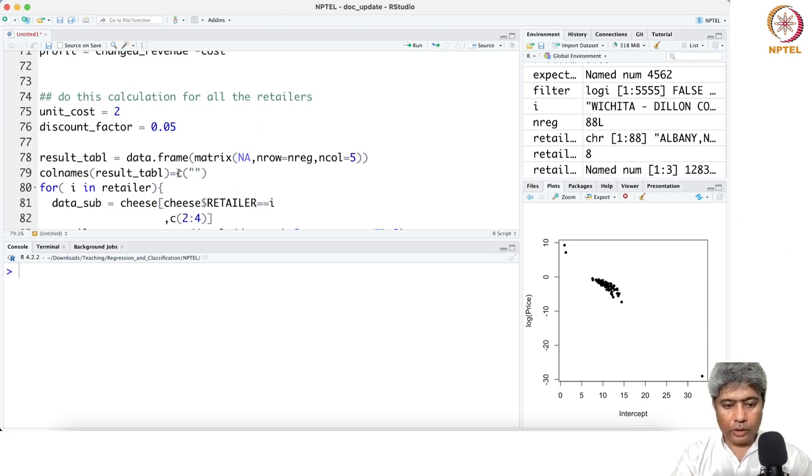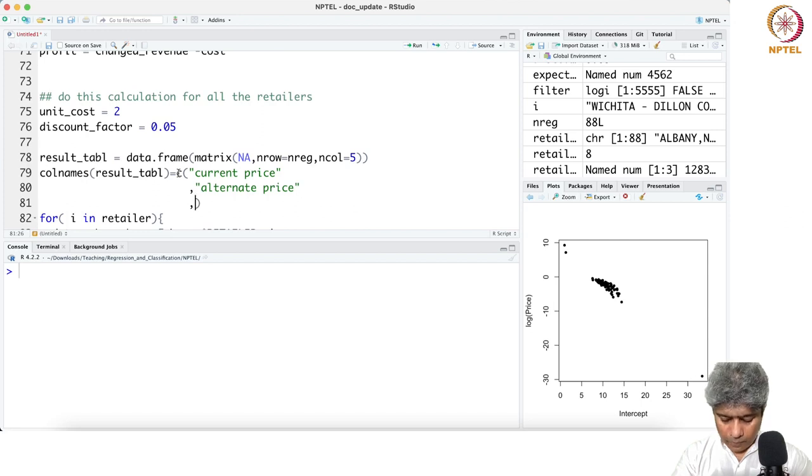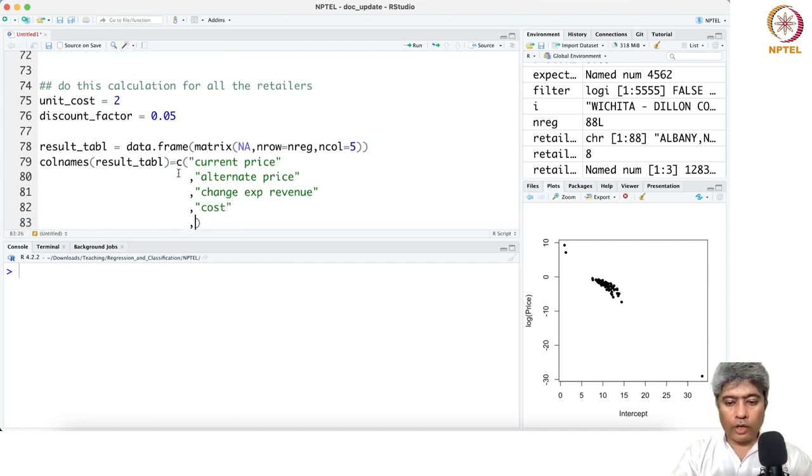First is current price, second is alternate price, third is change in expected revenue, how much change we are expecting, total cost, and final profit.